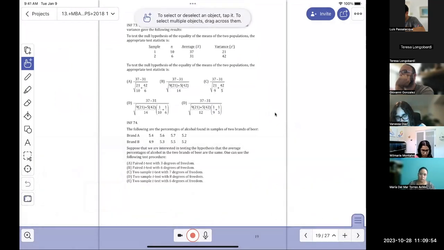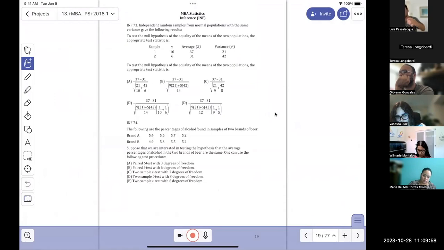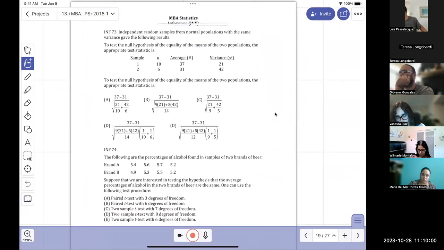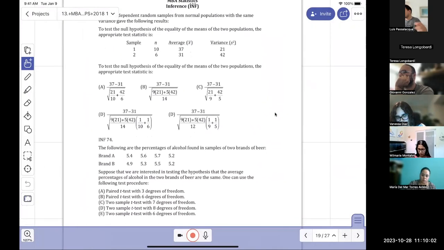Okay, so some of these are for independent or two populations, and I put it in the notes, but I'm not going to test you on it, just because I feel like I don't have enough time to do a proper presentation of it. So I don't expect you to do that one.